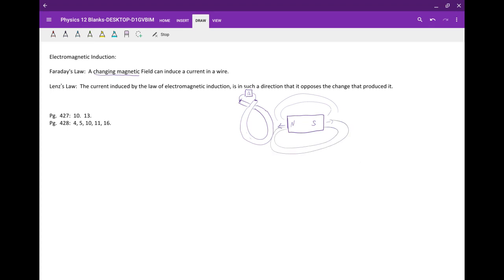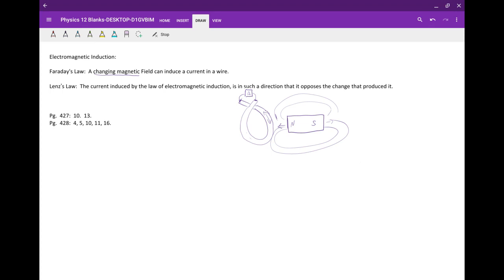And if I push it in, this field line, which was here, would move closer. Therefore, this wire is then in a magnetic field that is changing. What ends up happening is you get a current that flows through this wire, and it moves in that direction or that direction.